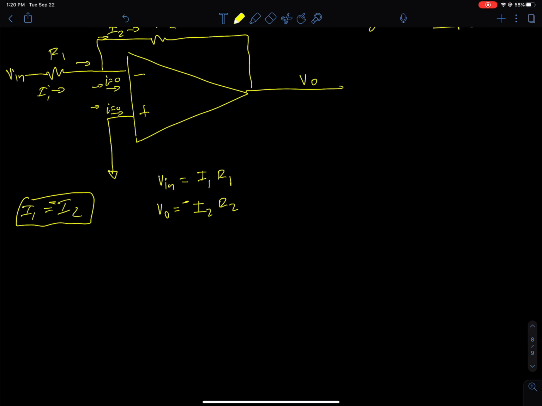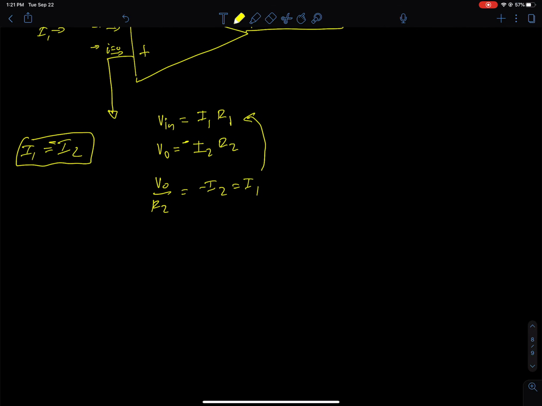In that case, we could do some substitutions here, okay? We can do Vout over R2 is equal to minus I2, which is equal to I1. We can insert it right here. We could say that Vn is equal to minus Vout over R2 times R1.